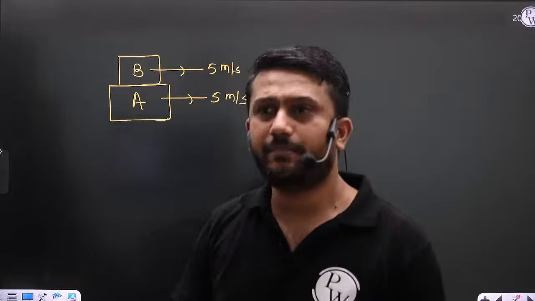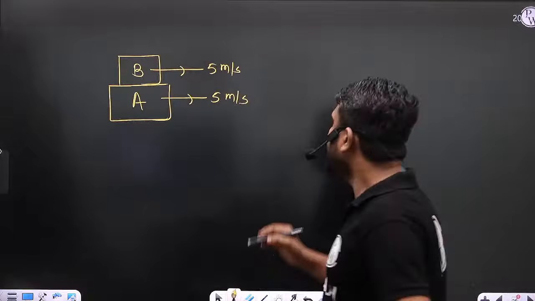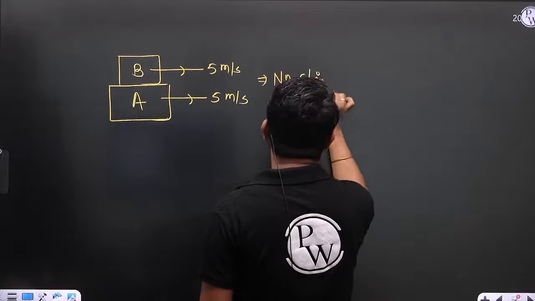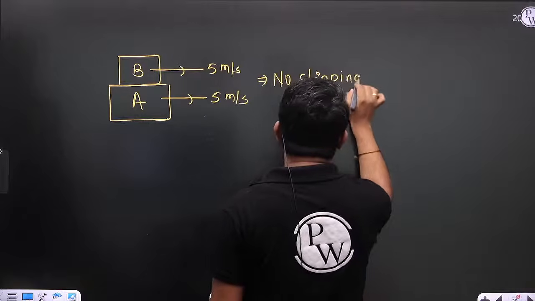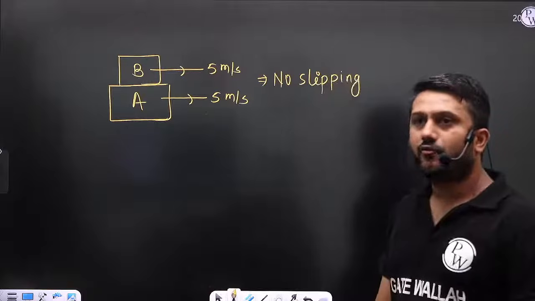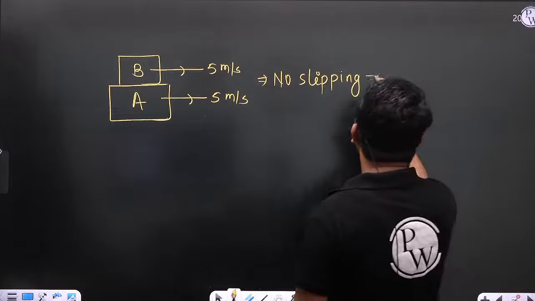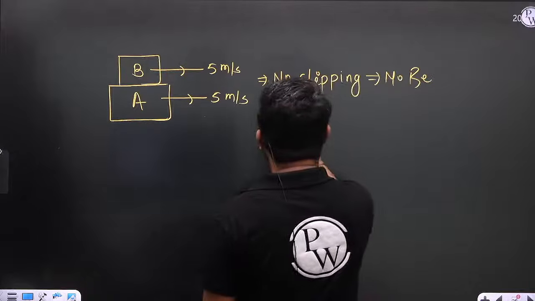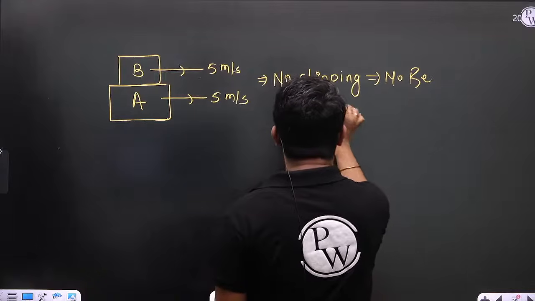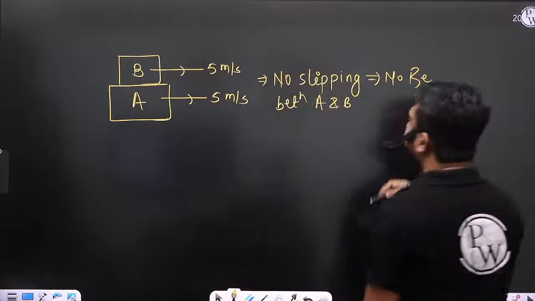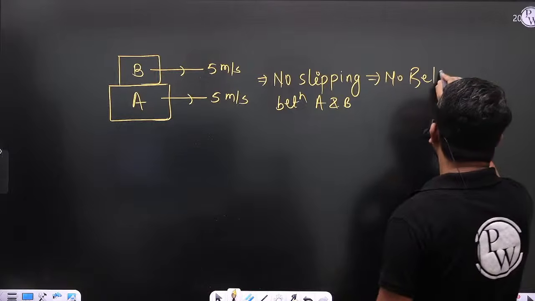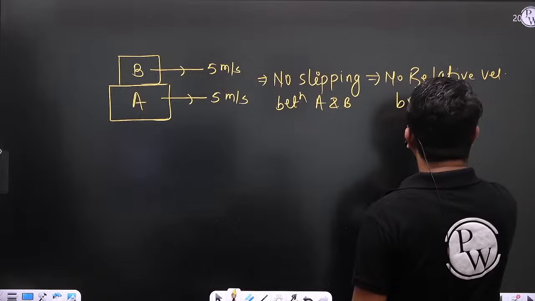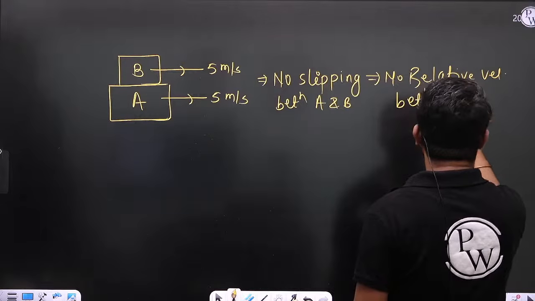No, there is no slipping. Why is there no slipping? Because there is no relative velocity between A and B.